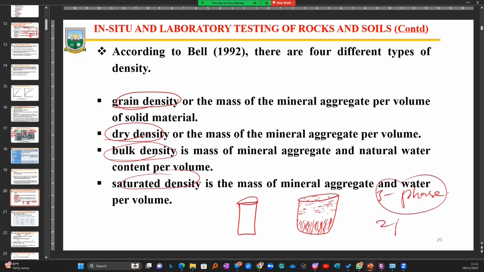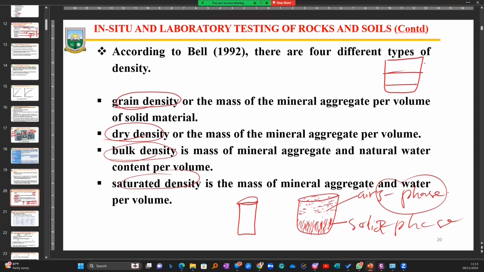If it is two-phase, it means that you have dried the sample thoroughly to take away all water content inside it. And what other things are left? Every porous rock sample has three phases sometimes, or two phases.